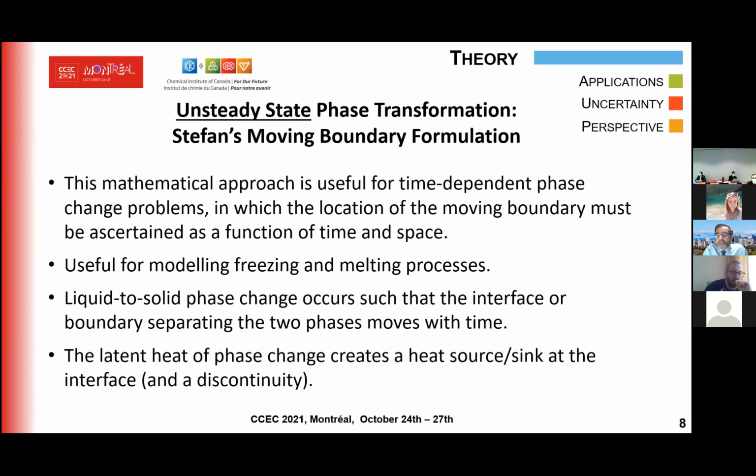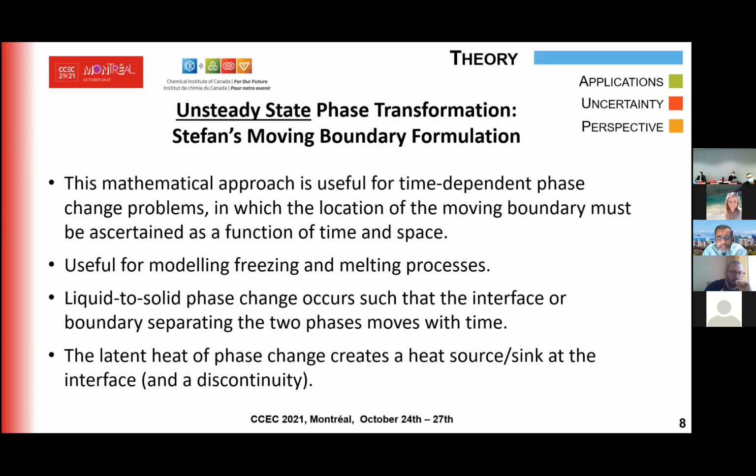This approach is useful for time-dependent phase change problems in which the location of the moving boundary is a function of time and space. It is good for modeling freezing and melting processes, and is quite popular in the metallurgical industry. I don't see too much of this application in chemical engineering literature.